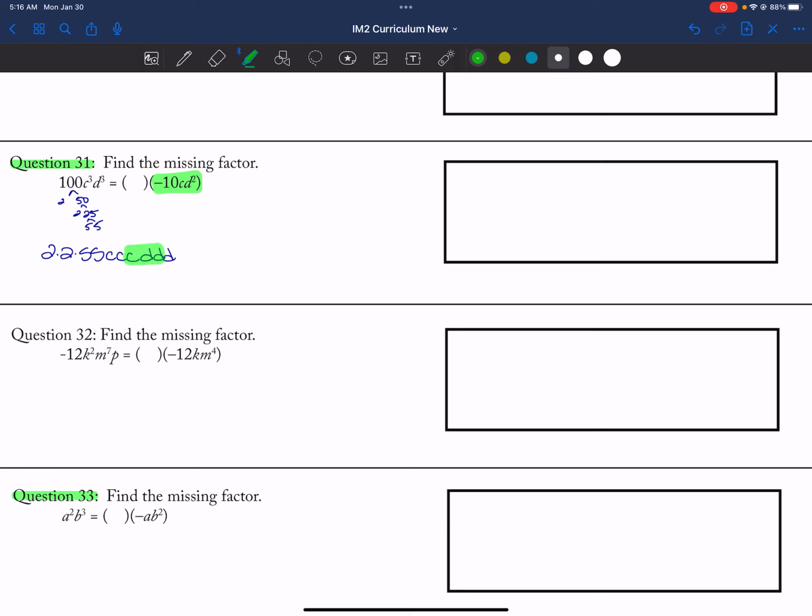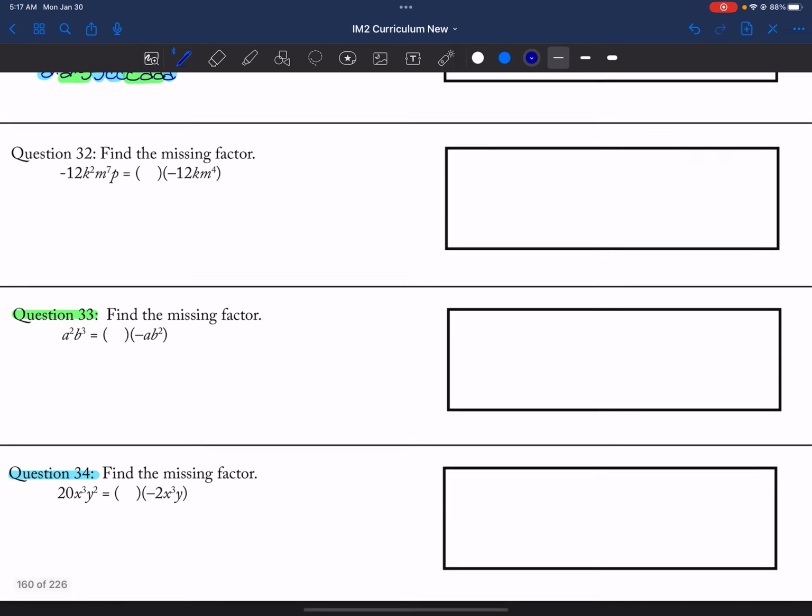So here's my CD squared. And I'm going to have a negative 10. So my answer here is going to be a 2 times 5, but negative. c squared, and a d. So this will be a negative 10 c squared d is my missing factor.